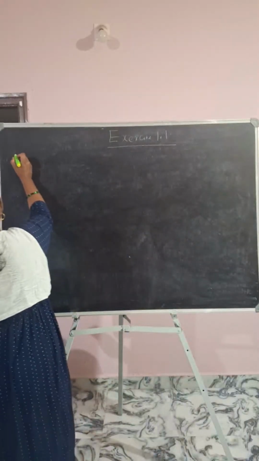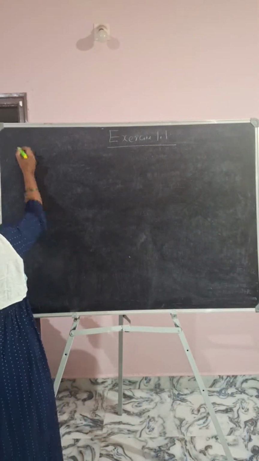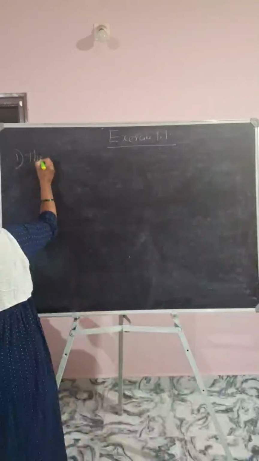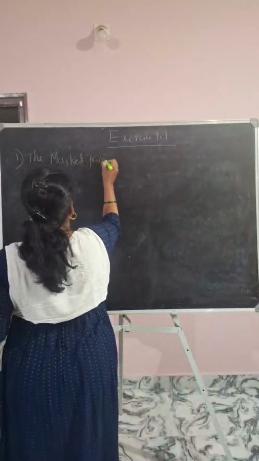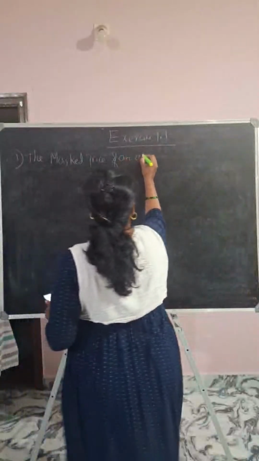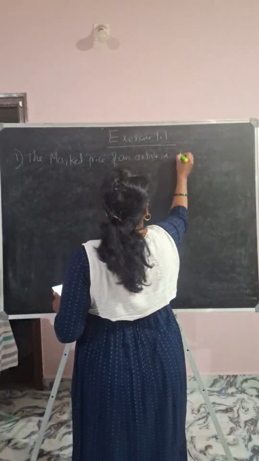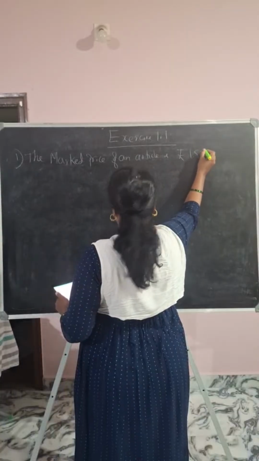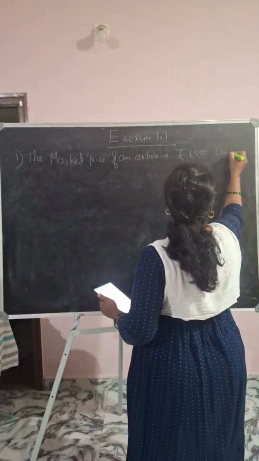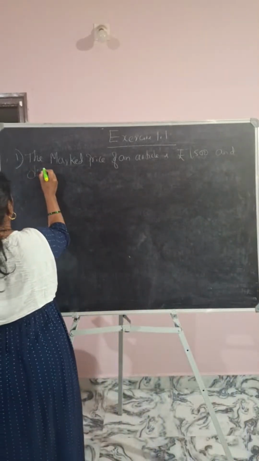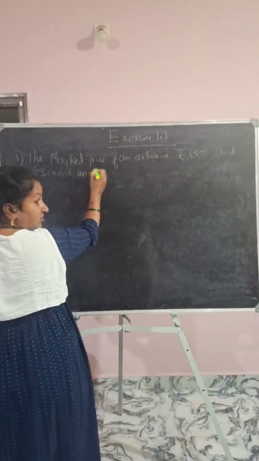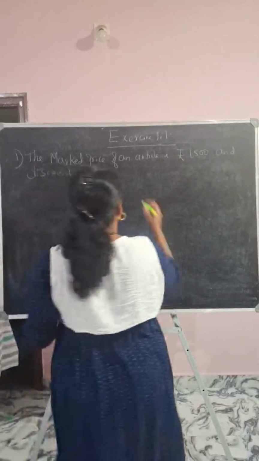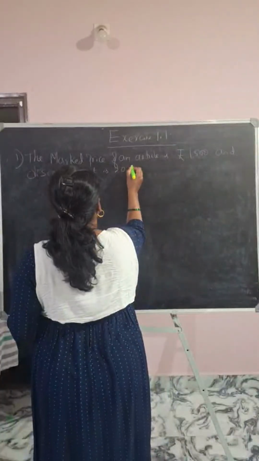Exercise 1.1. The market price of an article is rupees 1,500 and the discount on it is 20%.